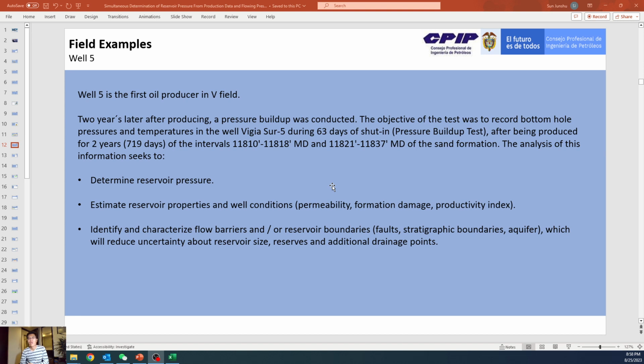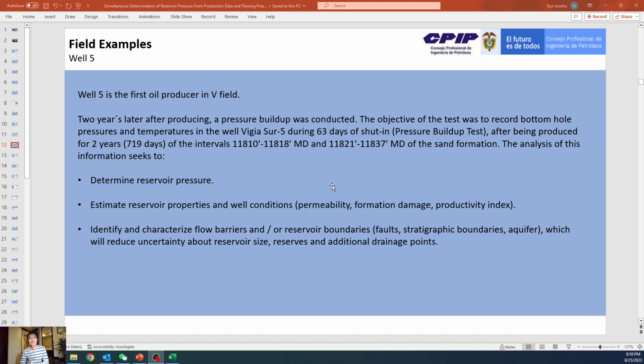The objective of the test was to record bottom hole pressure and temperatures in the well during 6 straight days of shut-in pressure buildup test.